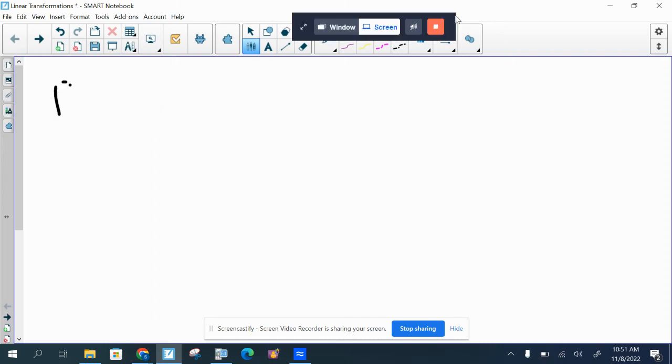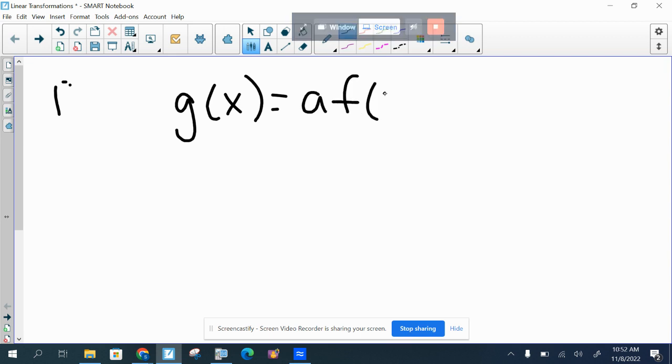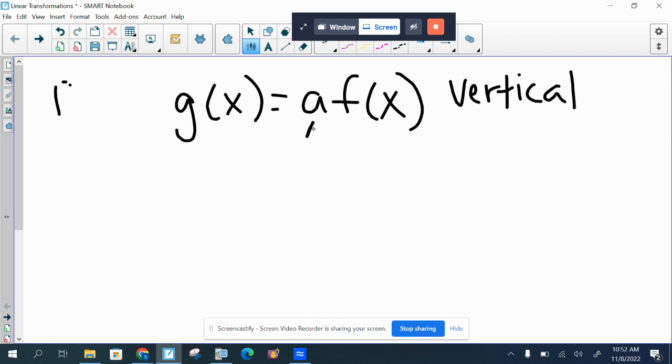So yesterday we did linear transformations in the form g of x, your new function, equals a times f of x. It was called a vertical stretch or compress, a vertical transformation, because the a is being multiplied by what?